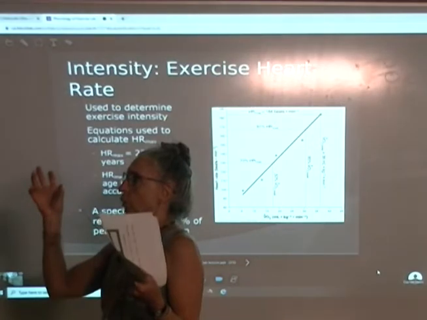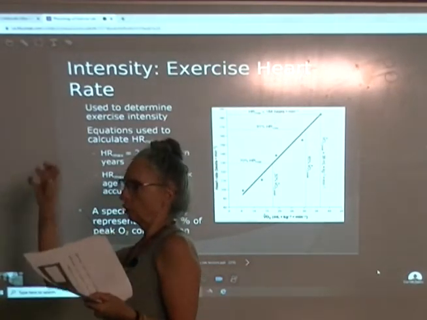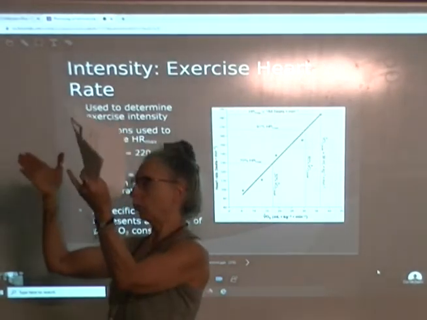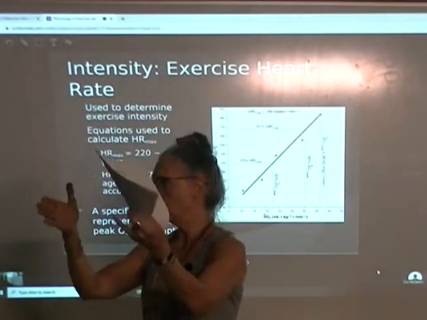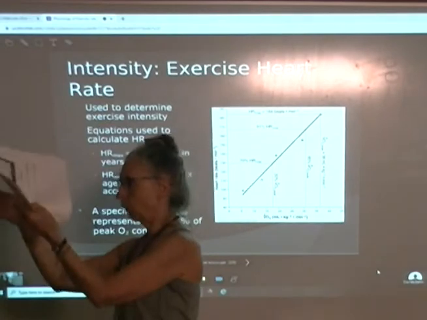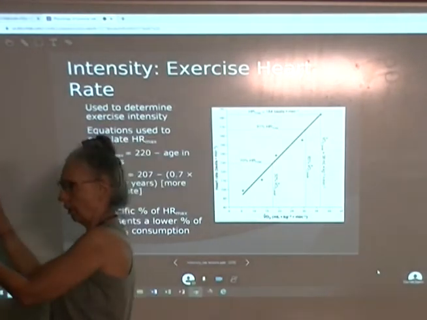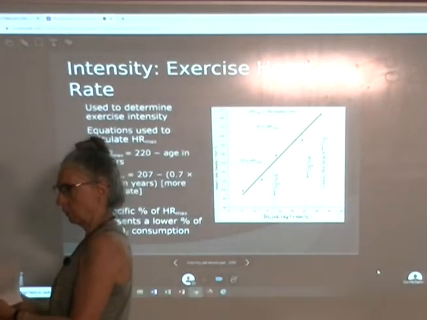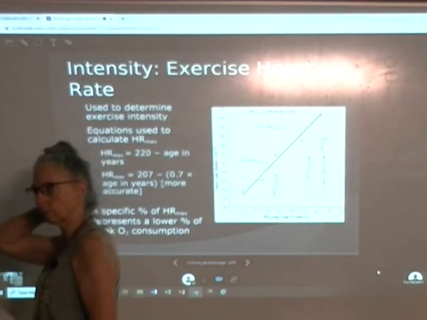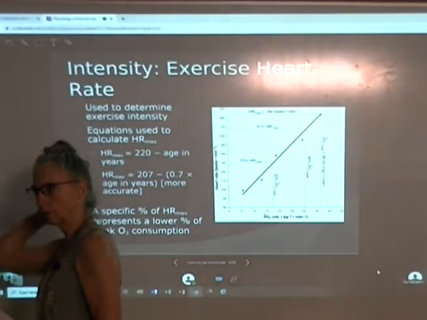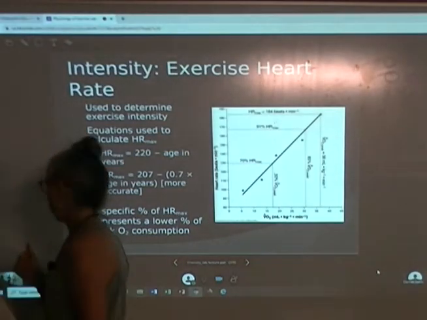And we can block a range of percentage heart rate max as low intensity, moderate intensity, or high intensity. Does that make sense so far? Yes, ma'am. Yeah? Okay.